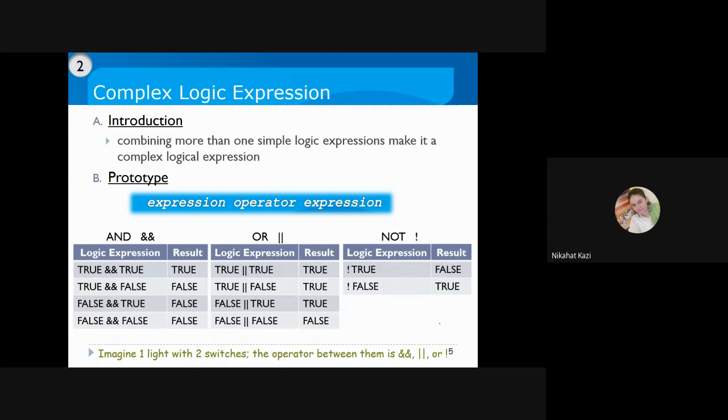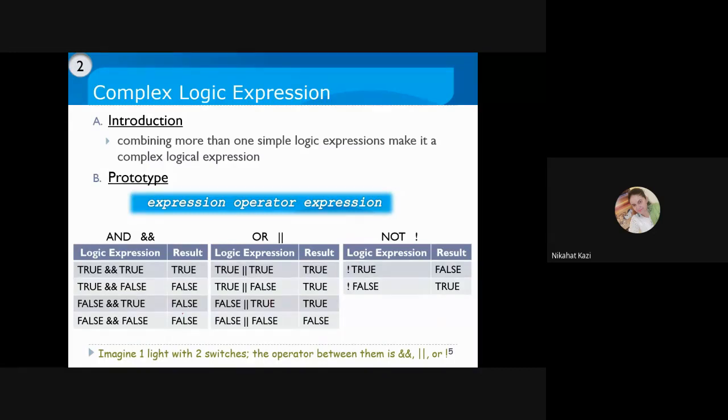Say two conditions, one is true, the other is false. You want to check the truth value of both conditions together. You can combine them using either and or or, or you can use not to just flip the condition.